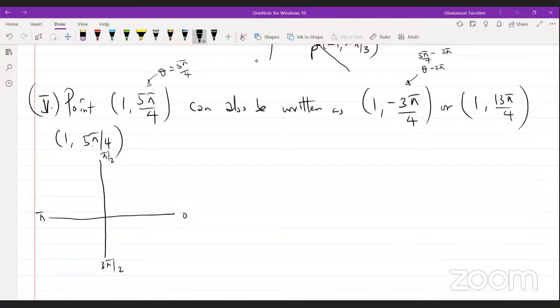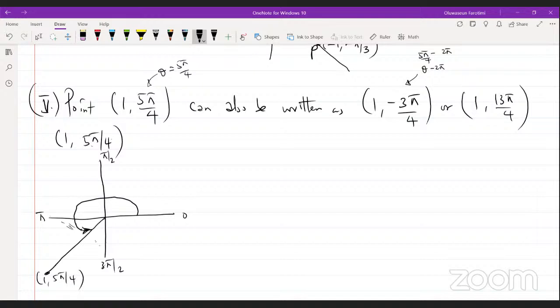So 5 pi over 4 is in this quadrant. Sorry, I was missing my labels. So this is 1, 5 pi over 4.